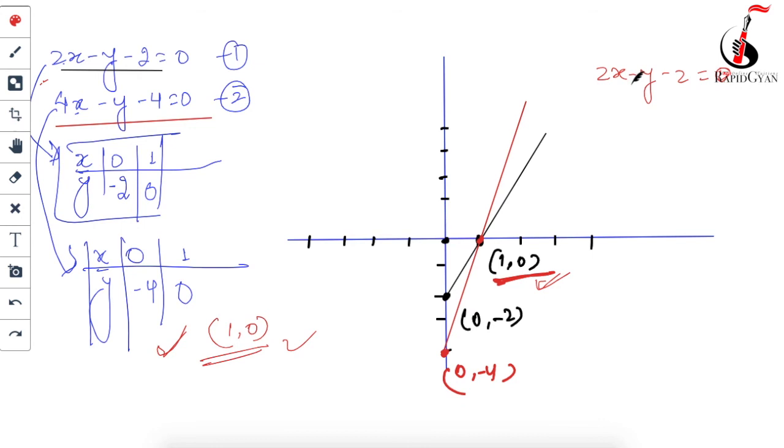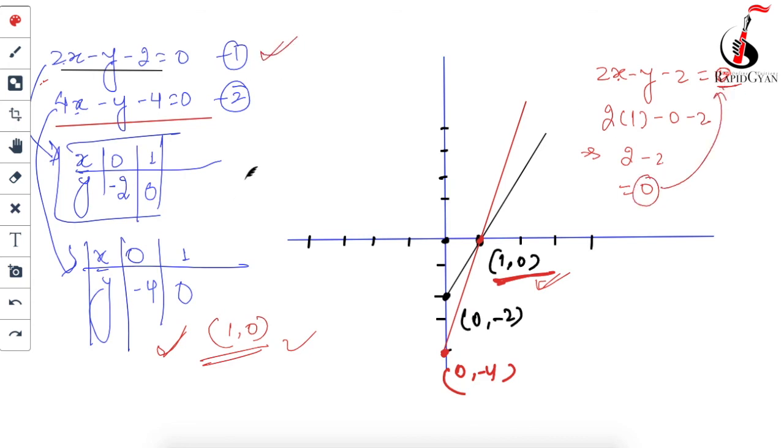If I replace x with 1 and y with 0, this equation should be satisfied, meaning LHS should be equal to RHS. The value of the whole equation is 0, so my answer should be 0, correct? So let's check. 2 multiplied by 1 minus 0 minus 2. So 2 minus 2 is equal to 0. So I can see LHS equal to RHS.